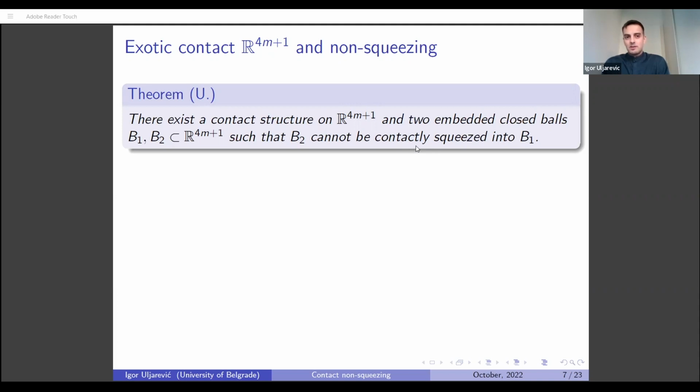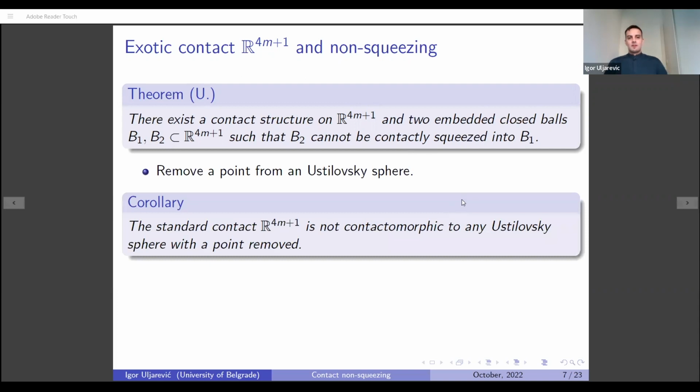So it is an exotic tight contact structure, and contact non-squeezing is an indirect way to prove that there exists an exotic tight contact structure on R^(4n+1). So the standard contact R^(4n+1) is not contactomorphic to any Ustilovsky sphere with a point removed.